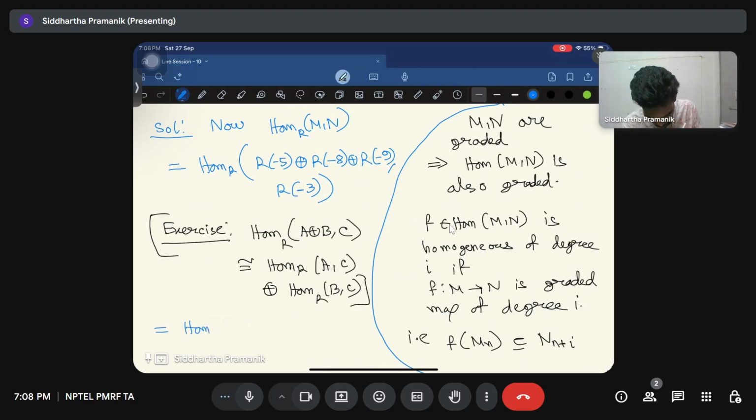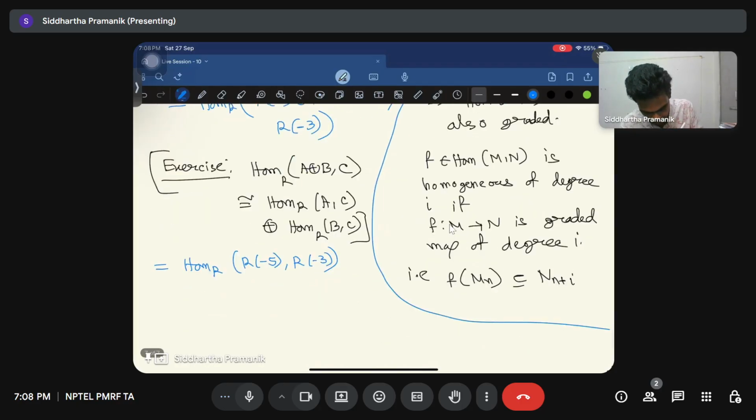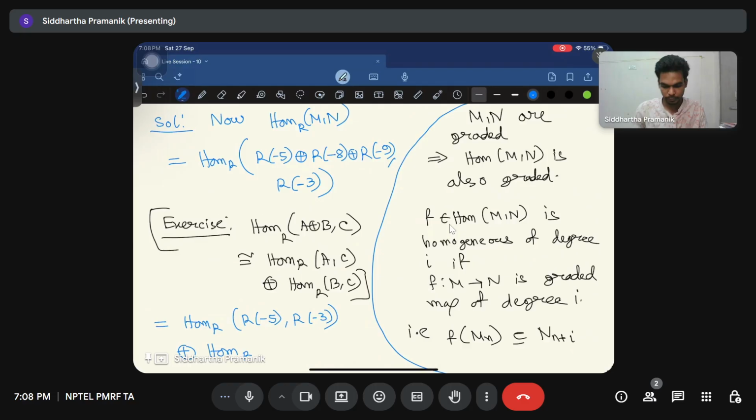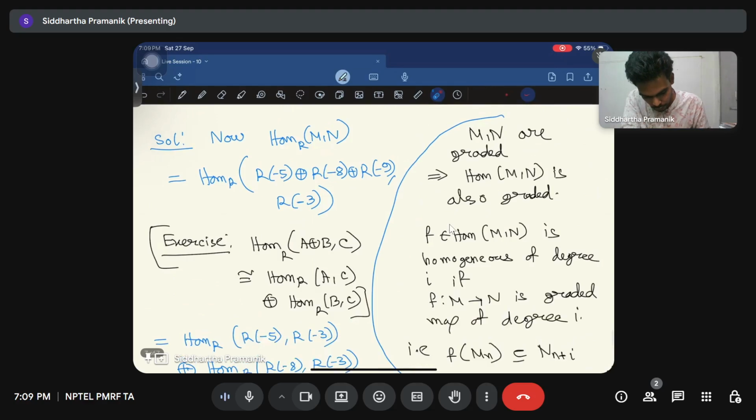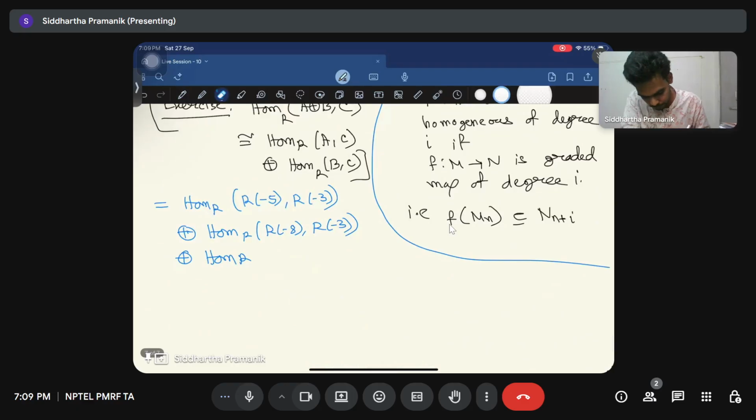So it will be Hom(R shifted by -5, R shifted by -3), direct sum Hom(R shifted by -8, R shifted by -3), again direct sum Hom(R shifted by -9, R shifted by -3).